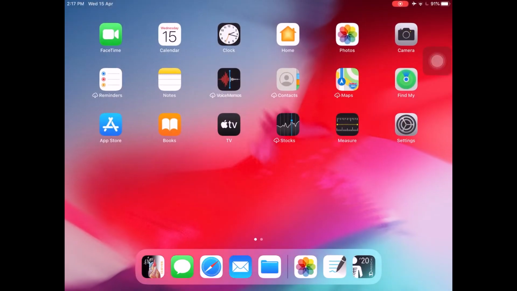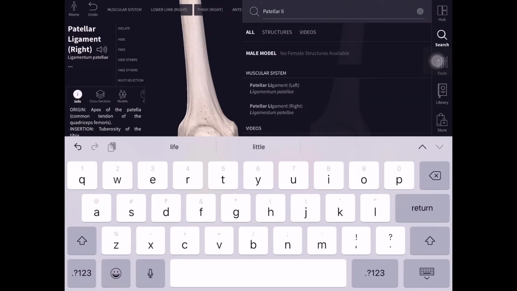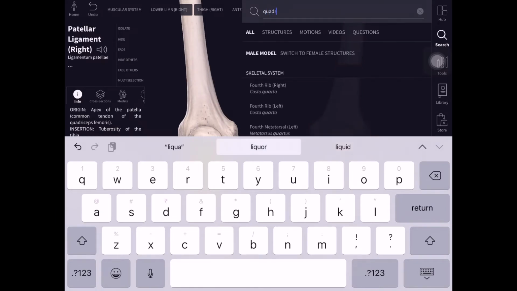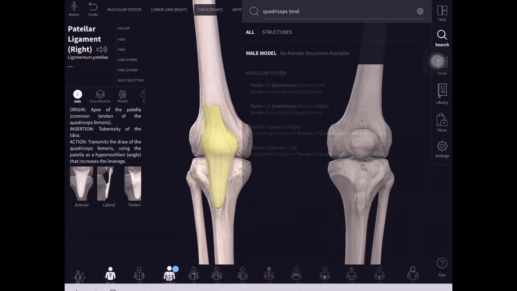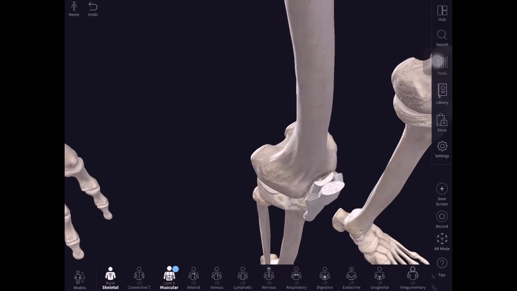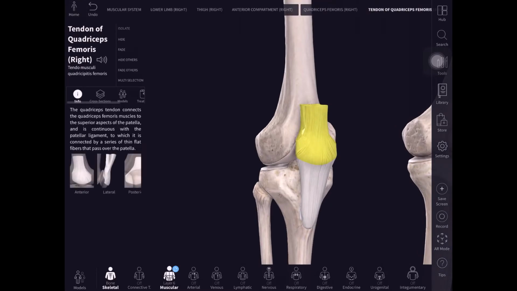If we go to the app, here we can see the quadriceps tendon. Can you make this out? I just isolate this.